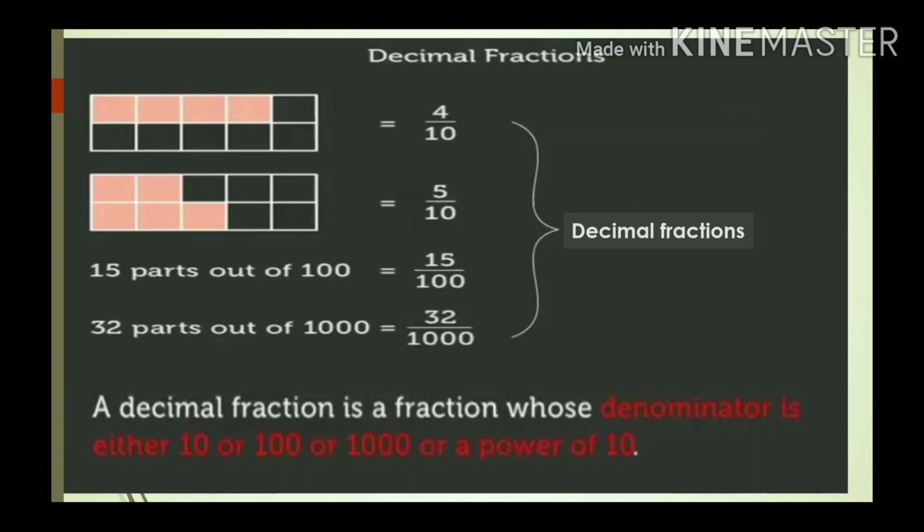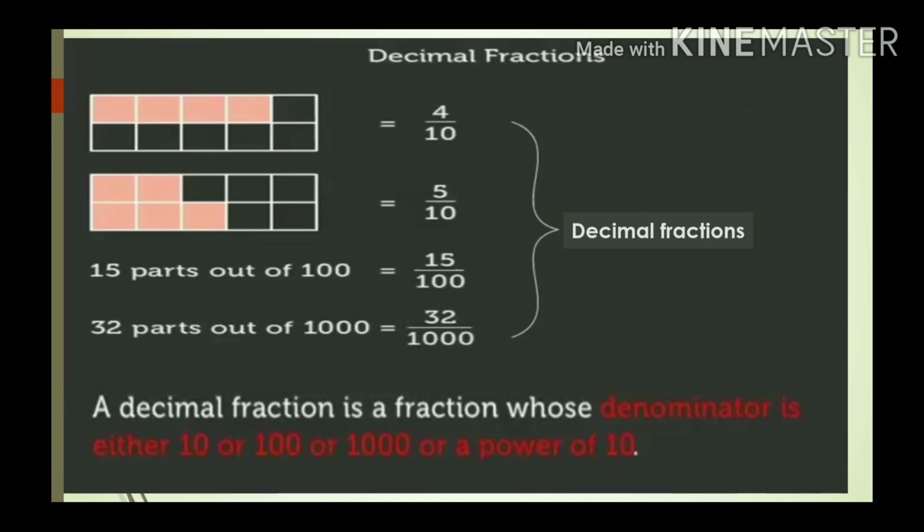Students, fractions like 4 by 10, 5 by 10, 15 by 100, 32 by 1000 have either 10, 100 or 1000 as the denominator, and such fractions are decimal fractions.